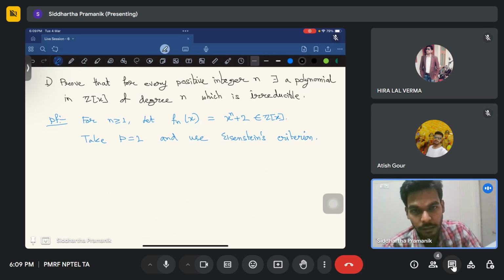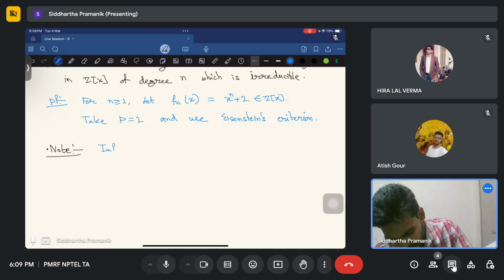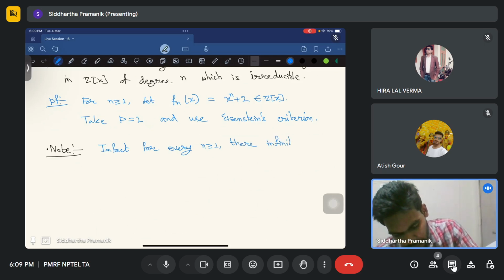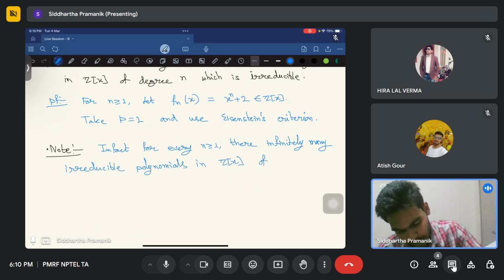Okay. So from this, actually, we can say something more. In fact, for every positive integer n, there are infinitely many irreducible polynomials in Z[X] of degree n.